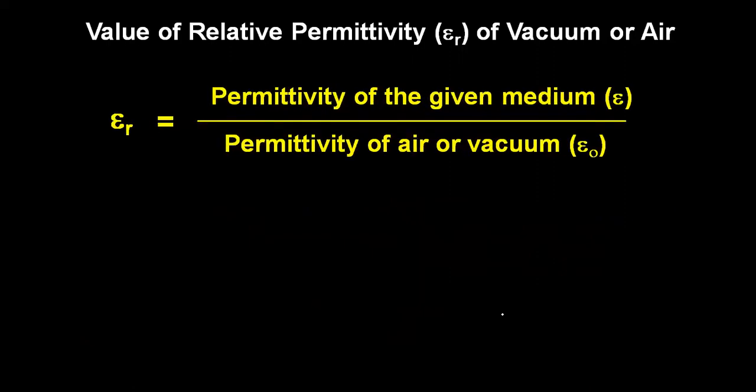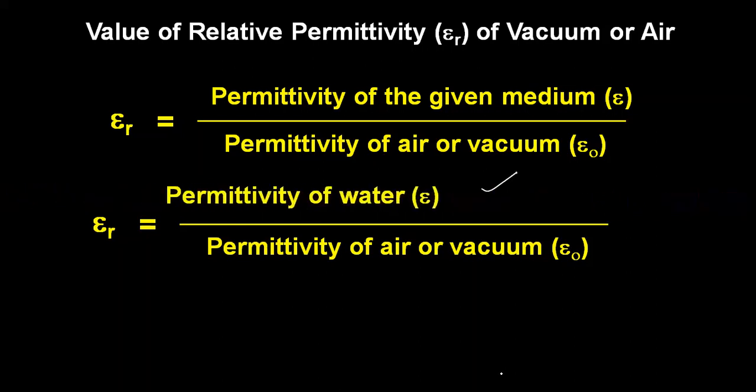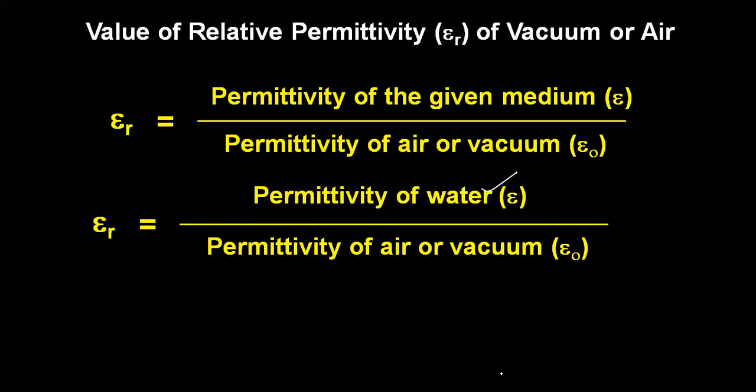Relative permittivity is given by this formula. Already we saw it in the earlier slide. So permittivity of the given medium divided by permittivity of air or vacuum. Now, if I want to find relative permittivity of mica, then the numerator will be permittivity of mica divided by permittivity of air or vacuum. If I want to find relative permittivity of water, then the numerator should be permittivity of water divided by permittivity of air or vacuum.